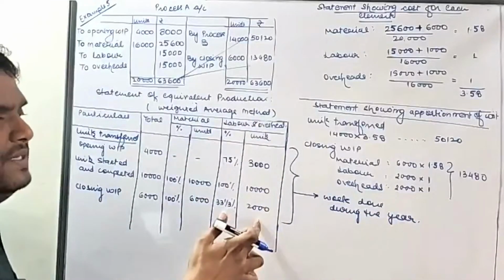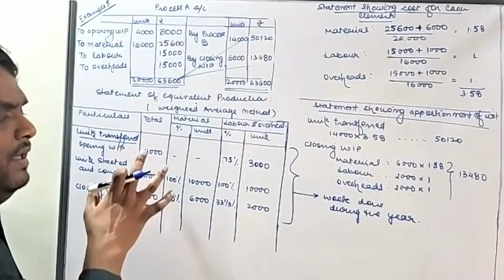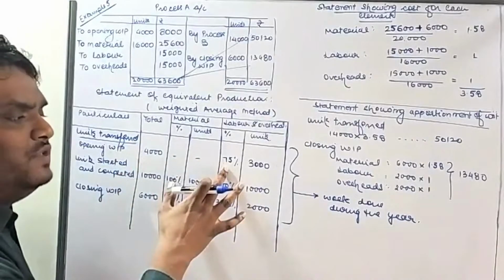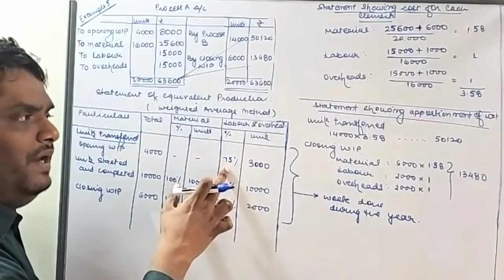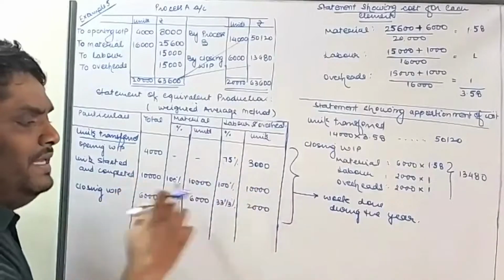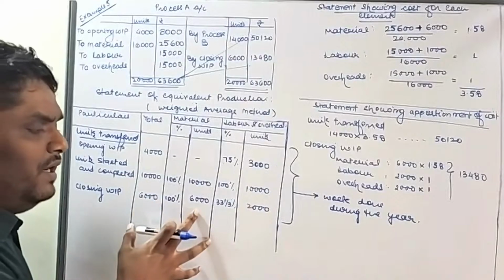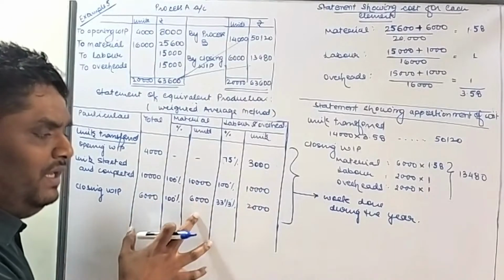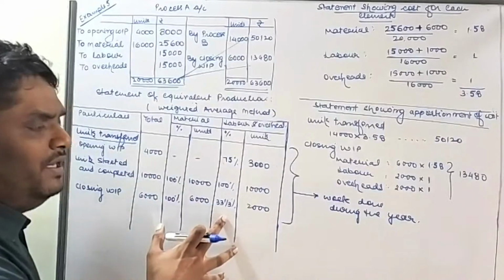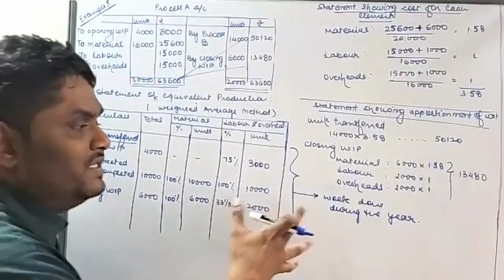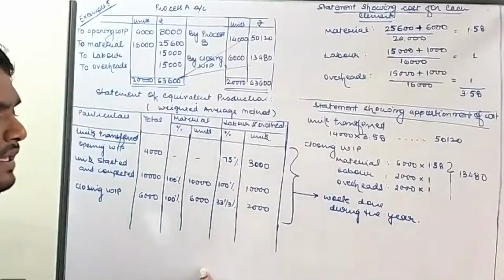Till here, it represents the work that is done during the year. That is, 4,000 units were balance processed in respect of material and overhead 75%. These units were 100% processed during the year. These 6,000 units were 100% processed in respect of material and 33.33% in respect of labor. This much work is done during the year.